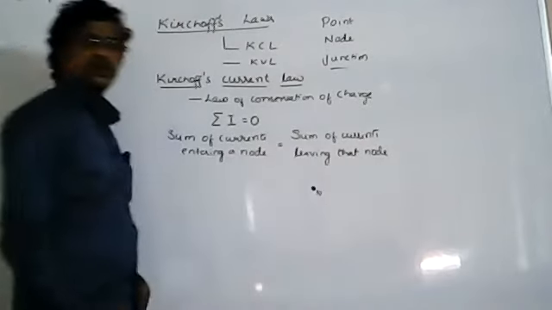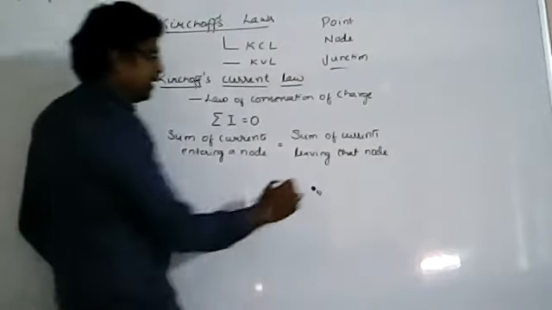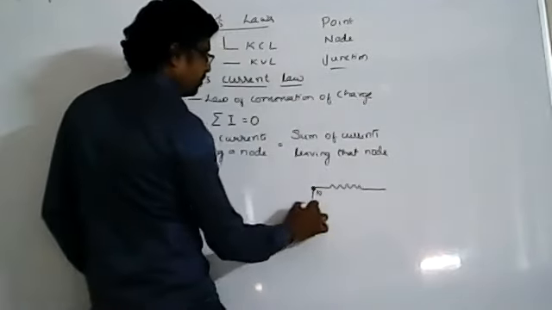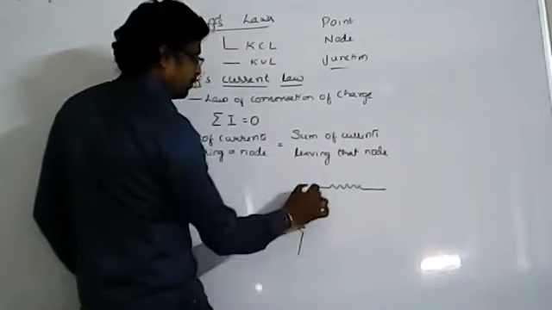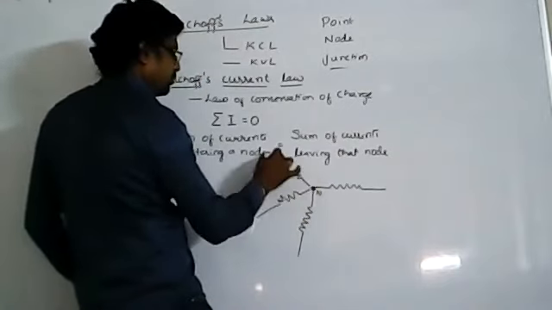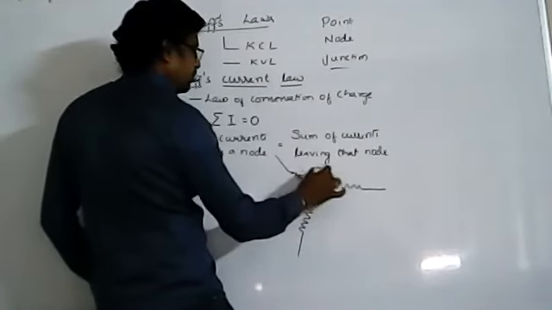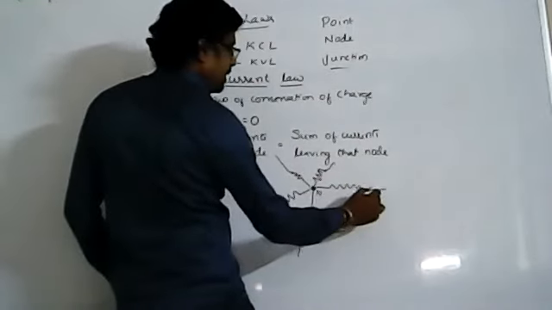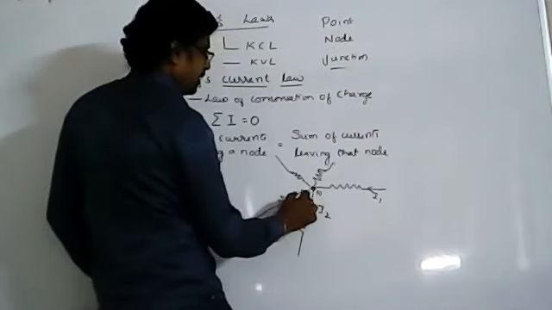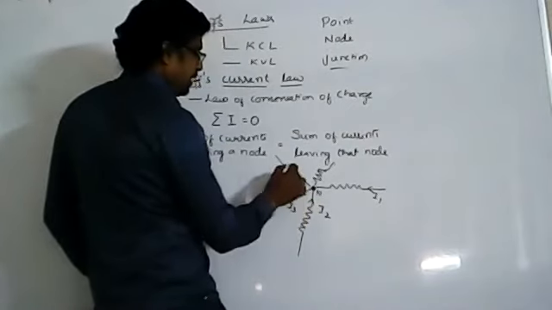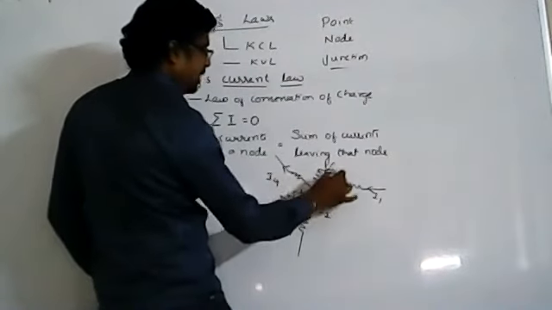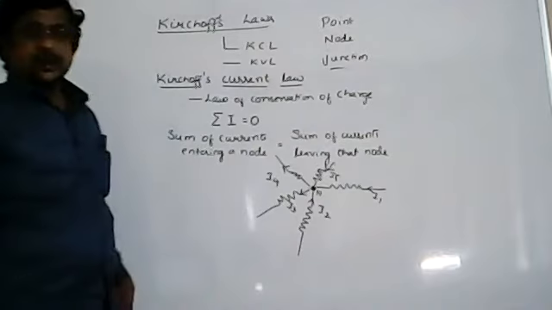For example, consider this is a node N. Let us say I1 is one current, I2 is another current, I3, I4, and I5 are other currents.